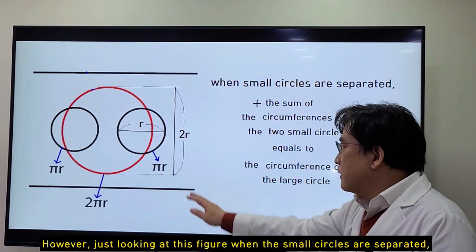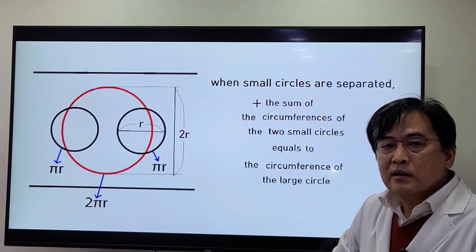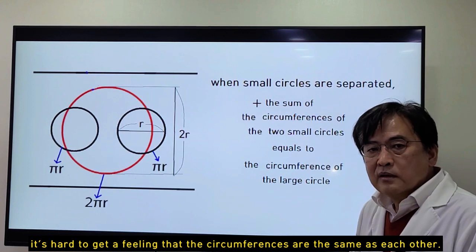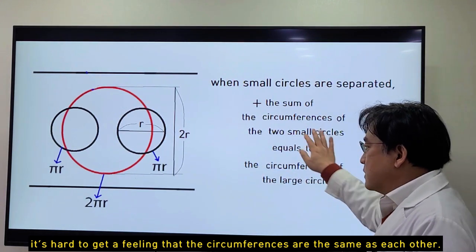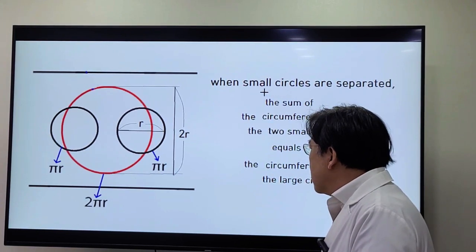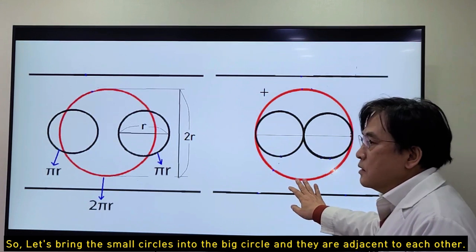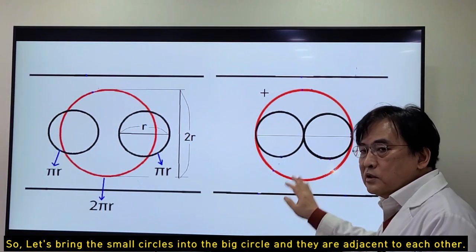However, just looking at this figure, when the small circles are separated, it's hard to get the feeling the circumferences are the same as each other. So let's bring the small circles into the big circle so they are adjacent to each other.